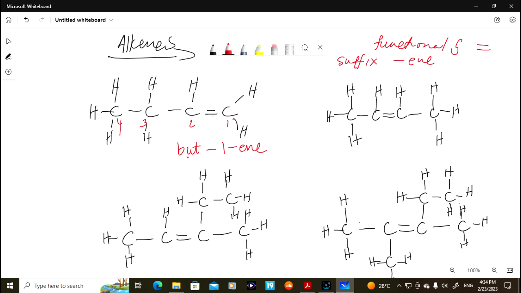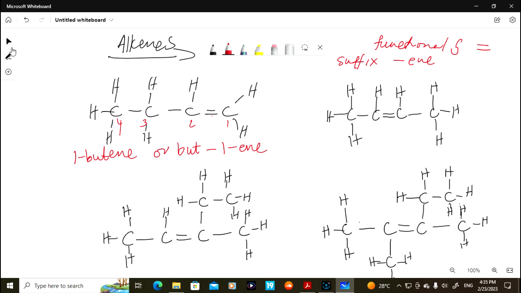But is the name of the parent, which gives us how many carbons we have on the longest chain, 1 is the position of the double bond, and the "ene" is the type of the functional group. Or alternatively, we can say it's 1-butene, or but-1-ene. Okay, there must be hyphens between letters and numbers.